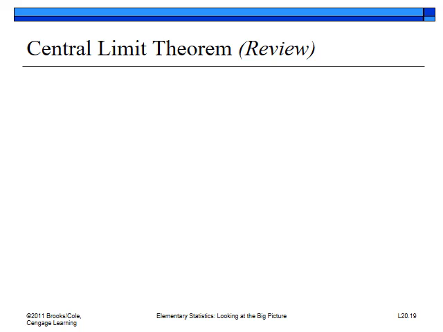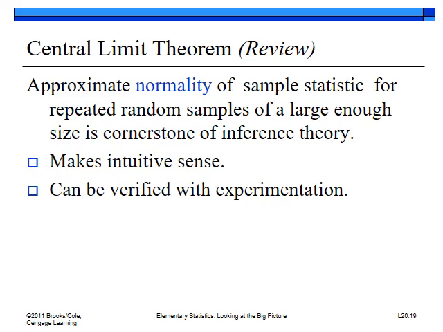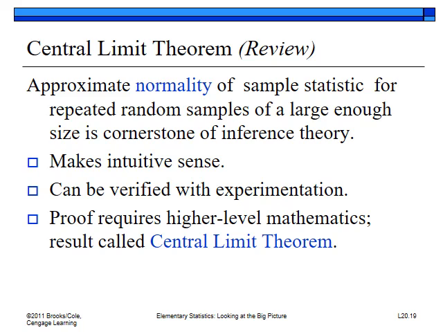That being said, remember that the central limit theorem tells us that for any sample statistic we look at, as long as we take our samples big enough, the distribution will be approximately normal. This makes intuitive sense. We've kind of seen it with our experiments with the dice rolls, where we saw the histogram approaching normality. We're not going to prove it. We need some really advanced stuff to do that.